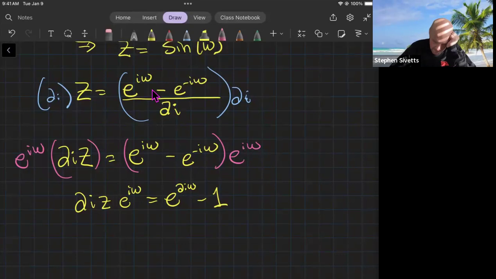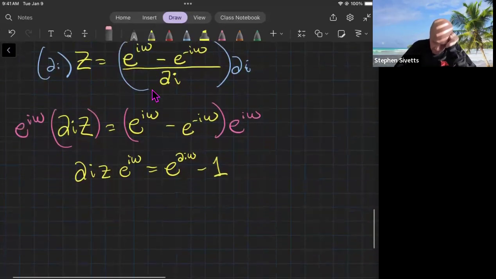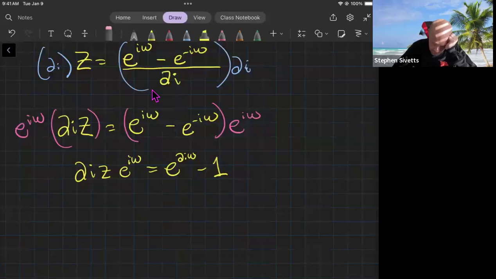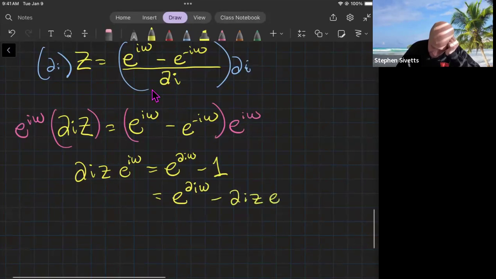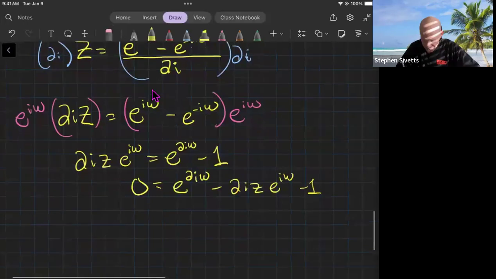So if we move the left term to the other side, we'll have a quadratic equation in terms of e to the iw. So we'll have e to the 2iw minus 2iz e to the iw minus 1 equals 0.